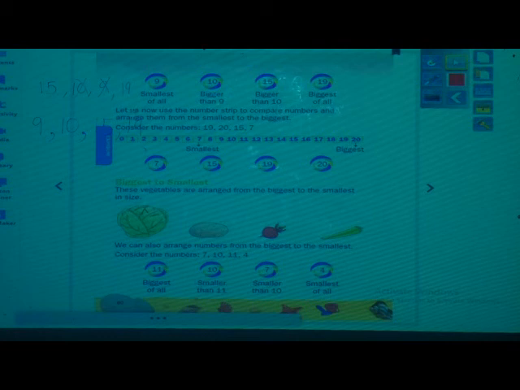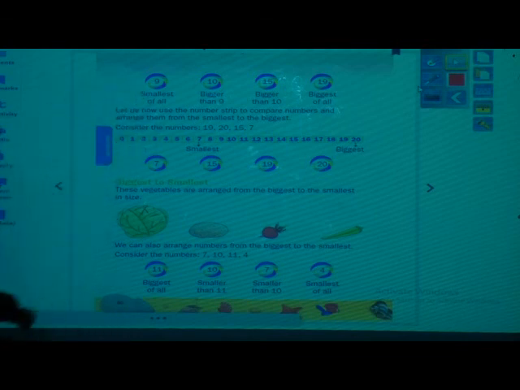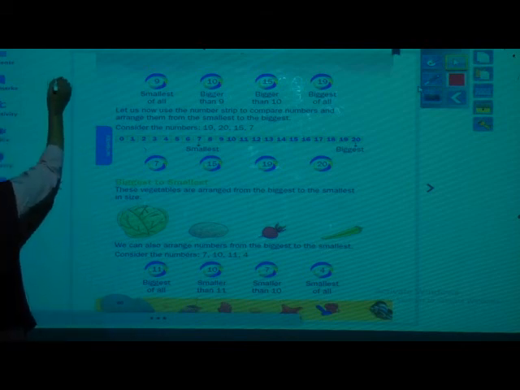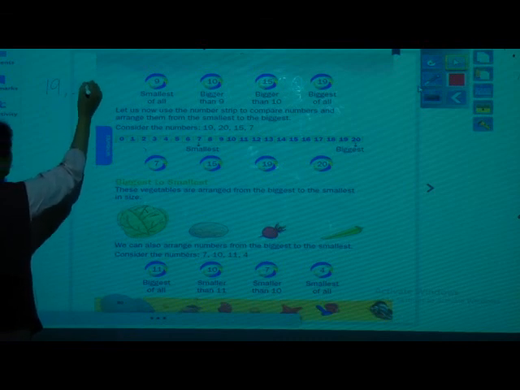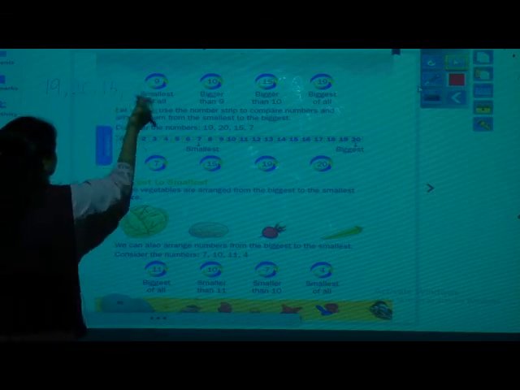Okay? Let us now use the number strip to compare numbers and arrange them from the smallest to biggest. Consider the numbers. Now the next 4 numbers are, pay attention carefully, 19, 20, 15 and 7.